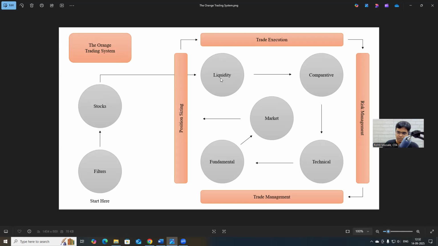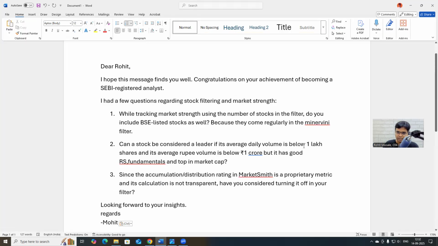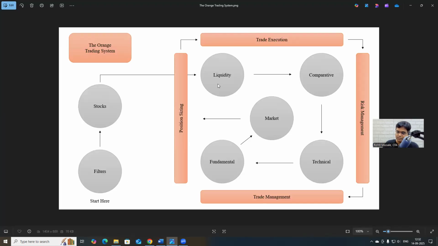So, for example, the number of shares traded are 1 lakh or less. Average rupee volume is less than 1 crore. So, I will reject the stock because even if the comparative and the fundamentals are strong, my question is: if the fundamentals of the company are good, it is a listed entity, and it has good comparatives, I mean, people must be buying the stock.